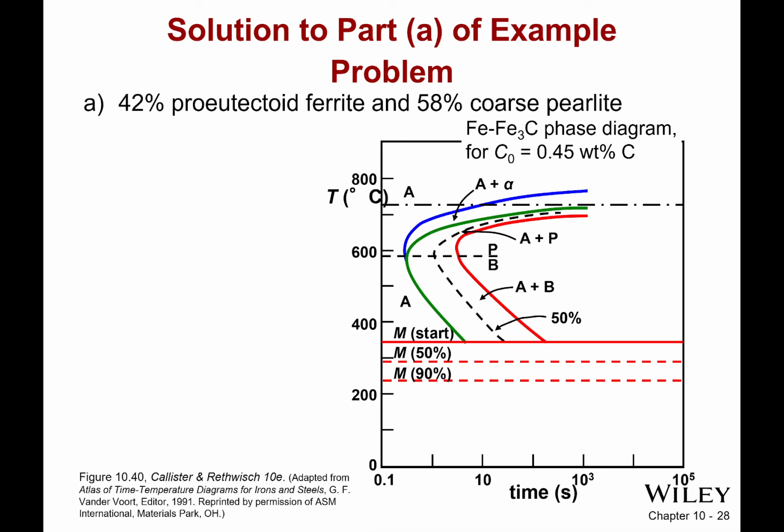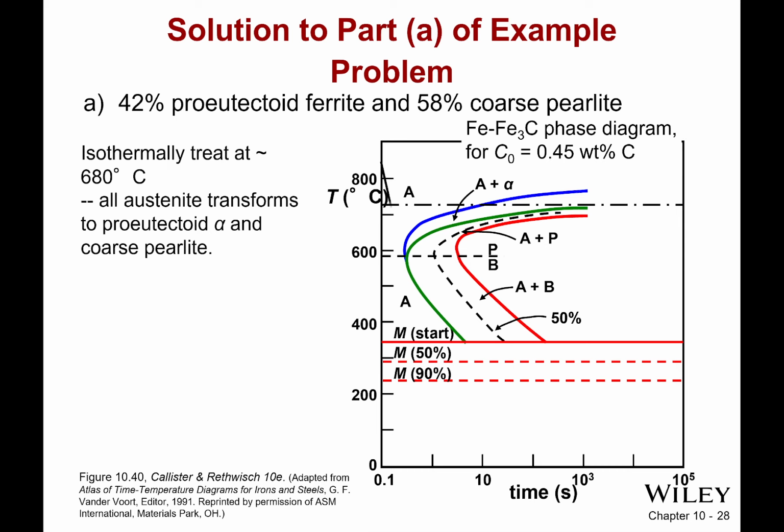Okay, so if we want to get this, what we need to do is just try to transform everything into pearlite, and what we'll find is that what's left over is actually the extra ferrite, this extra austenite that doesn't then transform. So I'll make sure I'm in that coarse pearlite region, which is just below this red line here. So 680 degrees Celsius, I can just pick a number in there.